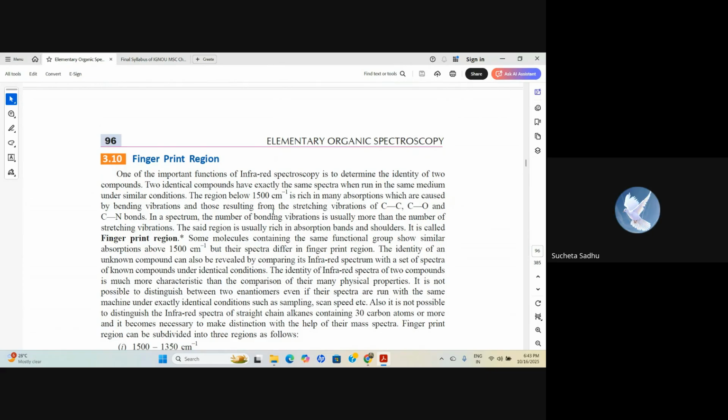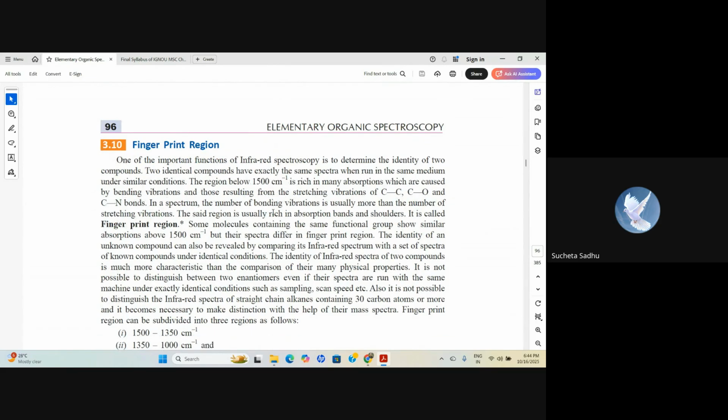Due to metal chelating, will these functional group stretchings get affected, or is there no such relation?